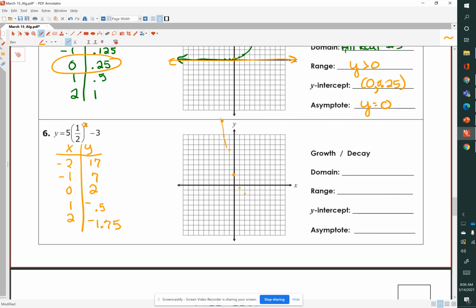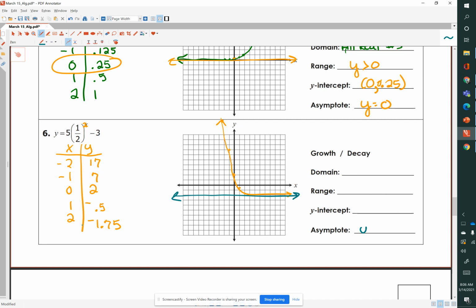So roughly, this is what our graph looks like. And this graph will never, ever cross the line y equals -2. Okay, so our asymptote is, I'm sorry, I believe that's -3.